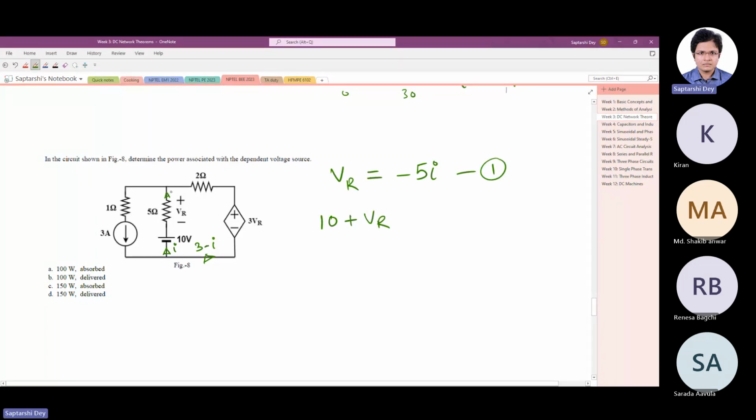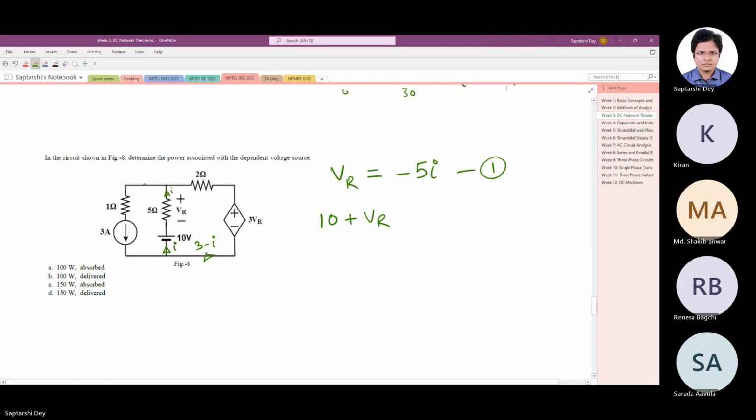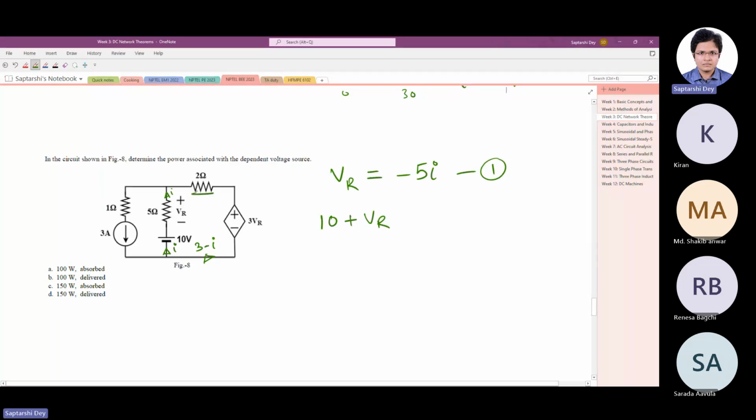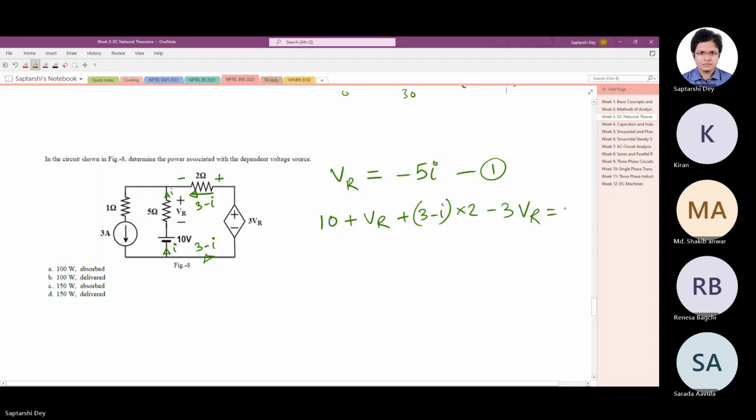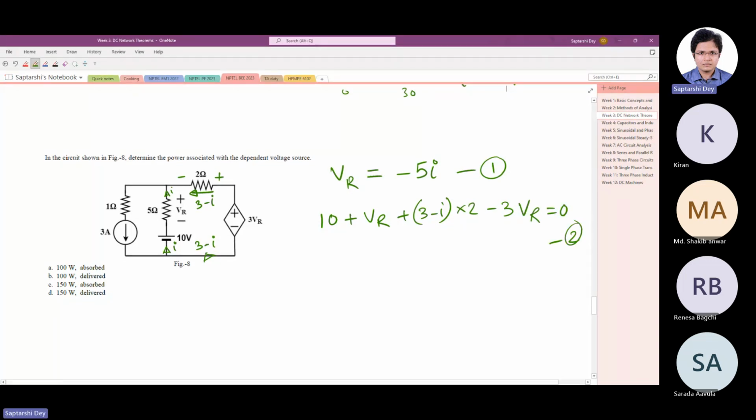If this is I, and we have found out that this is 3 minus I, and this is like this. So increase, increase, increase. So again, is the equation correct?